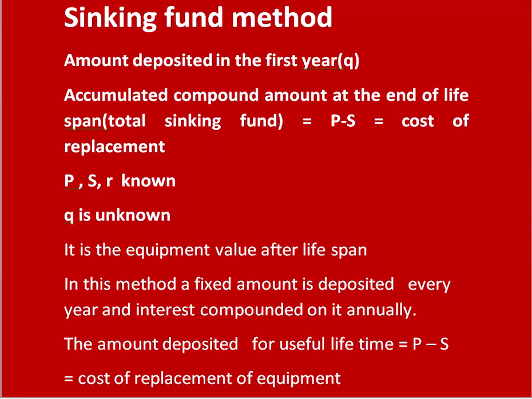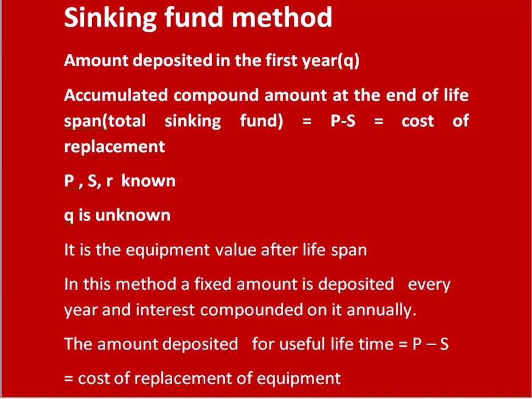Hello friends. So far we have seen, for equipment to be replaced after its lifetime, we have used the depreciation methods: the straight line method and the diminishing depreciation method.